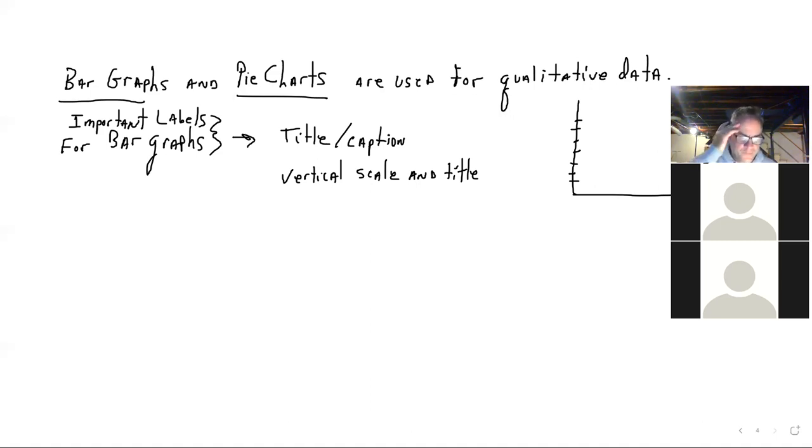You can see that. Okay. And we'll look at a specific example in a second, but I also have a horizontal axis on this thing. So I want to have a horizontal scale and title.